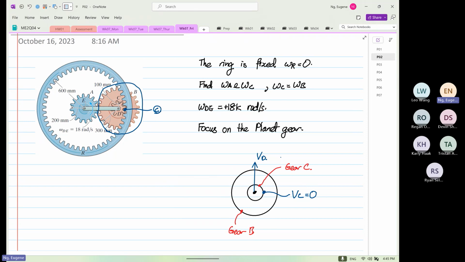At the point of mesh, the velocity has to be the same. When two gears are meshing, in contact, at that instant, the velocity has to be the same. The velocity is equal to 0 because the ring gear is equal to 0.